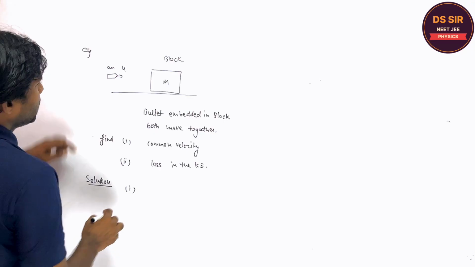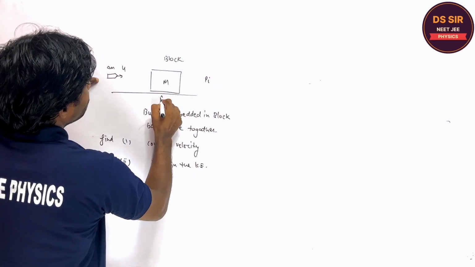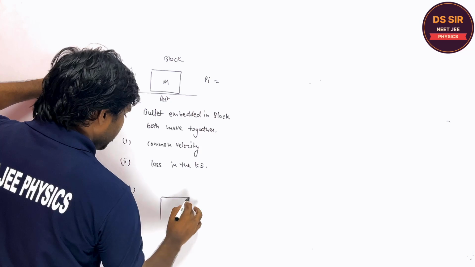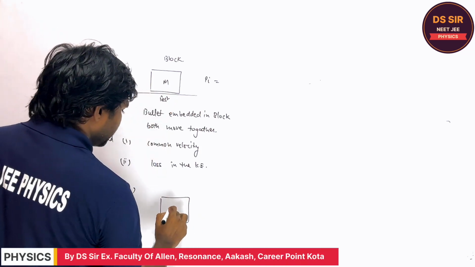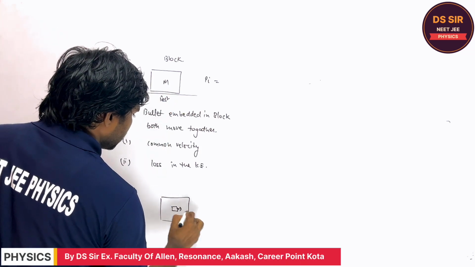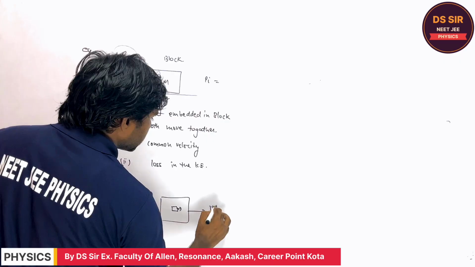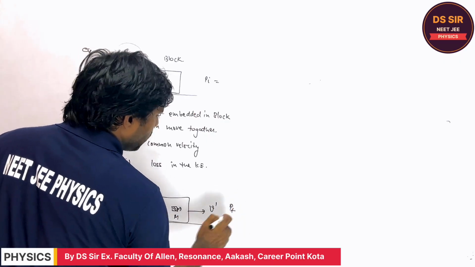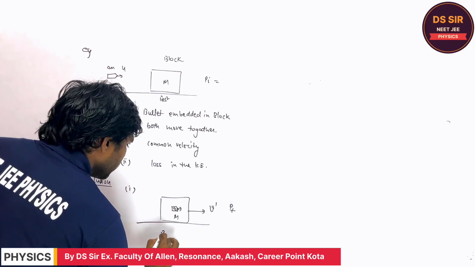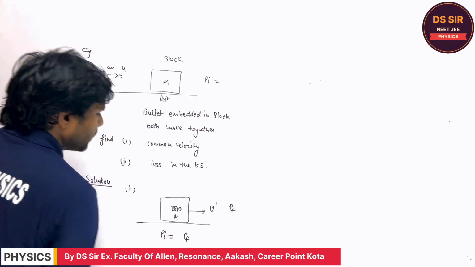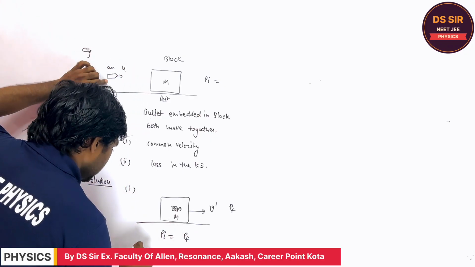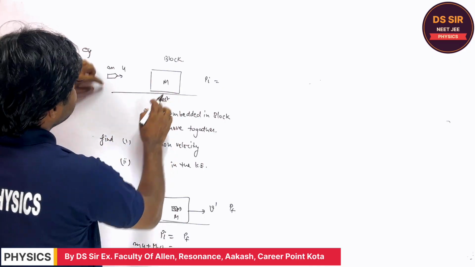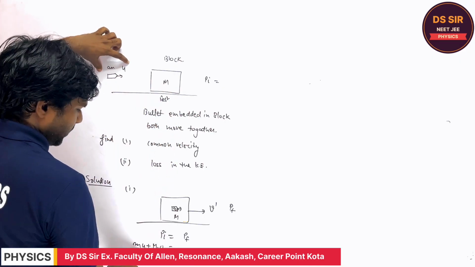First, the initial momentum. Suppose this block is at rest. After the bullet is embedded, the bullet and block system move with, this is m and this is capital M, the final momentum it will have. So the conservation of momentum we will apply. This is mu plus M into 0, because it is at rest, and its momentum is mu.